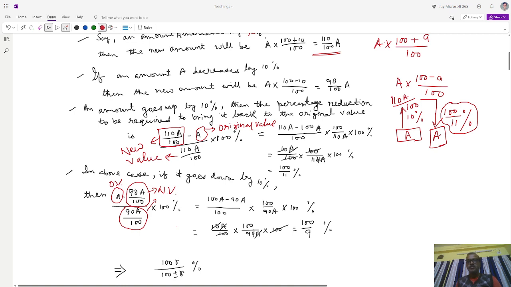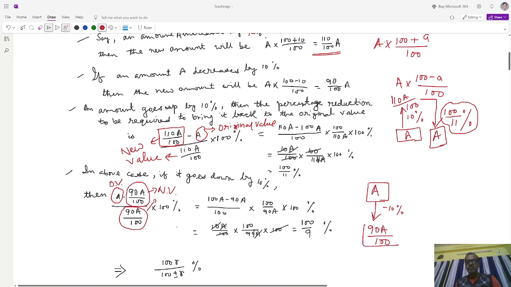So this is the case if the original value is A and it goes down by 10%, down is minus 10%, and it takes the value 90A by 100.